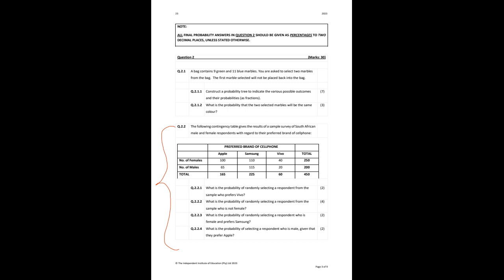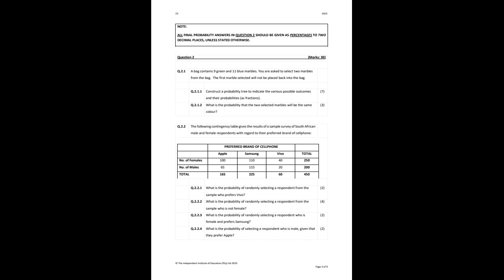It's also one where you're able to score your marks. They've given you a contingency table that has two categories, male and female, and then the preferred brand of cell phone. There are 450 people in total. Here I'm just going to give you an idea of the rule that needs to be applied, because if I give you anything more, I'll be telling you the answers to these.